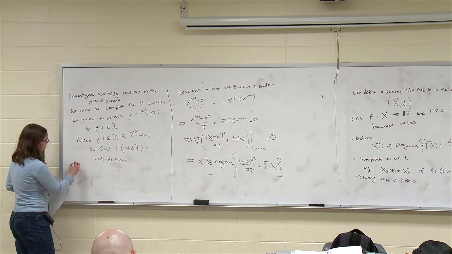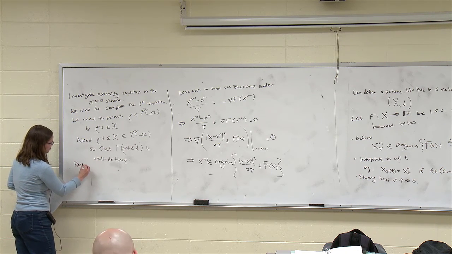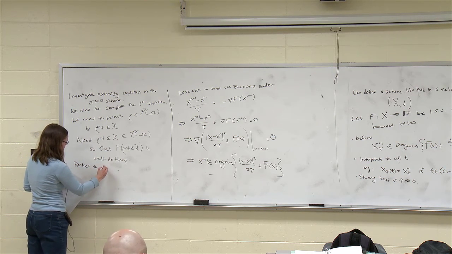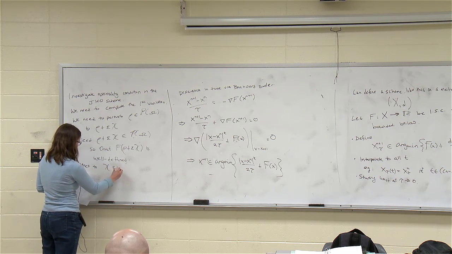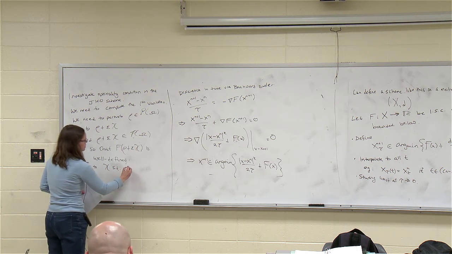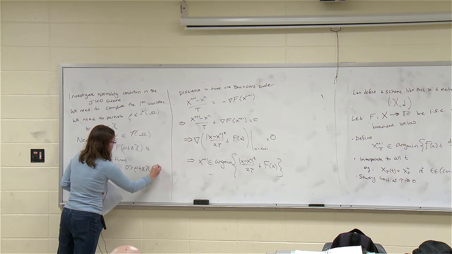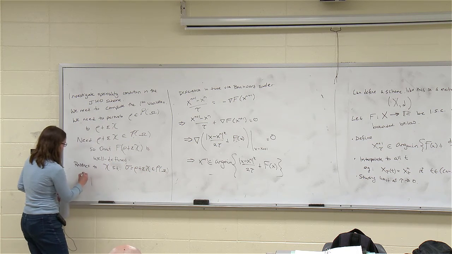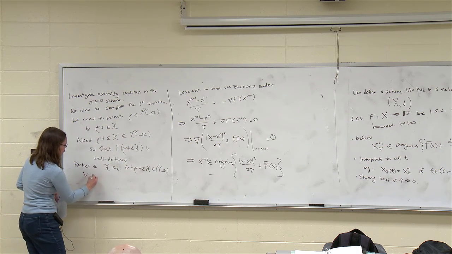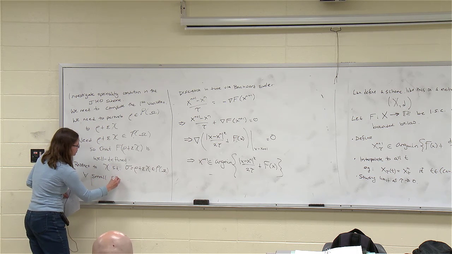So let's restrict ourselves to chi such that, call this sigma, this is a probability, for all small epsilon greater than 0.